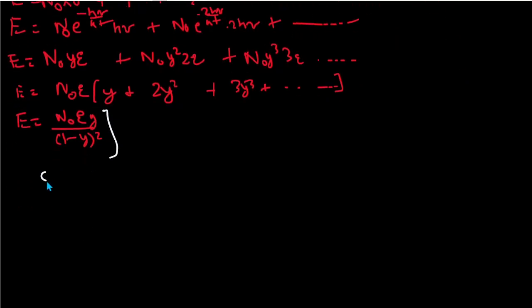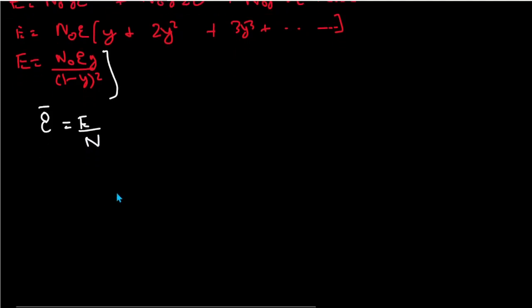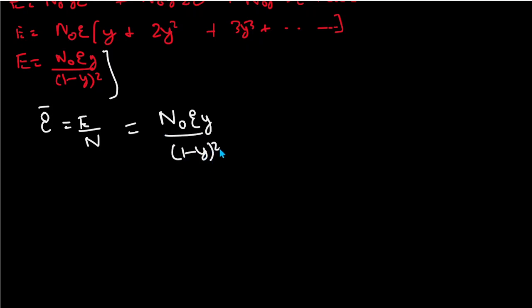If you remember the formula, then the average energy, epsilon bar, is equal to the total energy divided by n. So if I substitute here n naught epsilon y divided by (1 minus y) whole square into (1 minus y), divided by n naught.